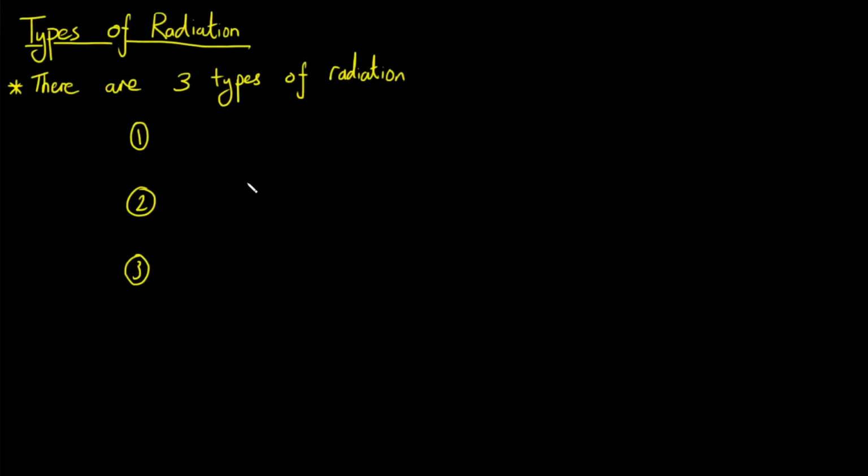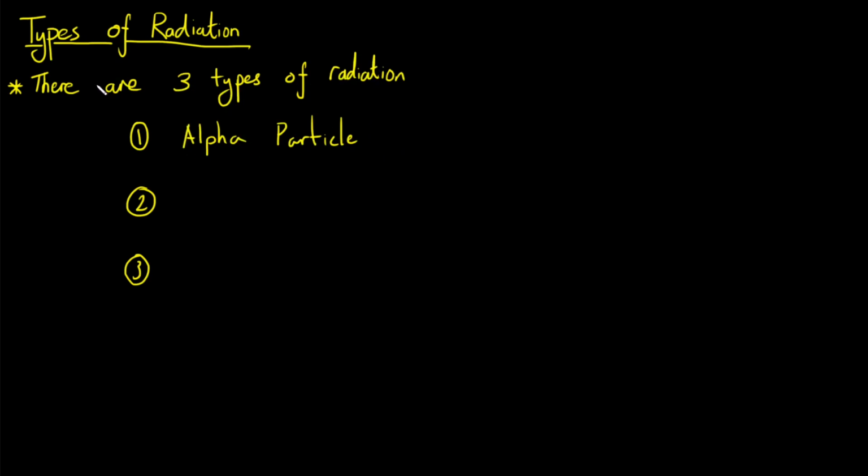Now, as we saw in that little video, there are 3 different types of radiation. The first type of radiation mentioned there, and the first type that we'll talk about, is alpha particle radiation. And when we're talking about radiation in chemistry, as it said in that little clip, strictly speaking, this would be radioactive decay.